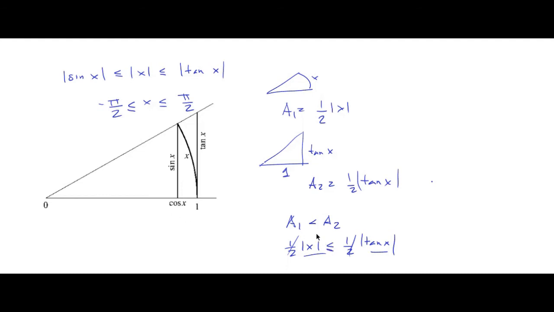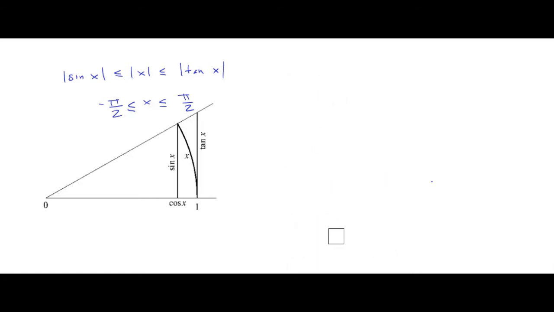And the smaller or equal is because when you go to pi over 2, or 0, these things are similar or the same actually. Okay, so we start from these inequalities that we proved using geometric arguments. Now we can divide the left one by the absolute value of x.